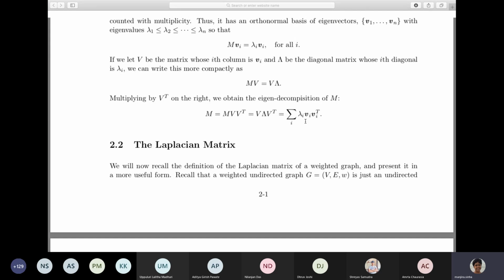Vi is the eigenvector of M, and vi transpose is the transpose of the eigenvector of M.